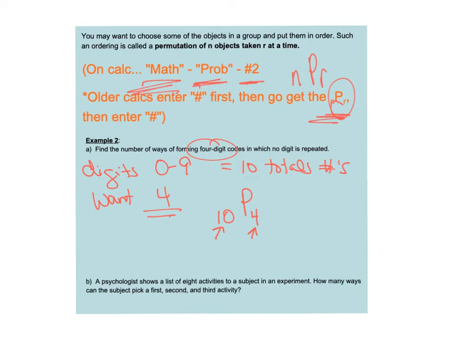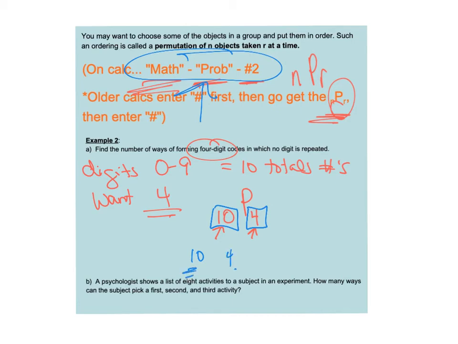So when you go to your calculator, if you have the newer calc, you select everything first. You actually enter all of these first, and then those little highlighted boxes show up. If you have the older calculator, you would type in the 10, then hit math, prob, number 2, and then type in the 4.